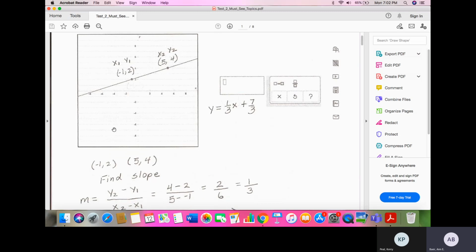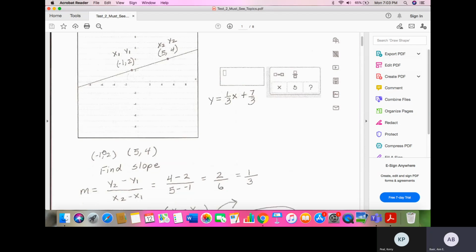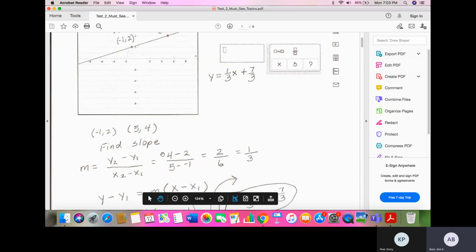First I labeled the ordered pairs. So I just designated this as the first point and labeled the X coordinate as X1, meaning it comes from the first point, and Y1 coming from the first point. And labeled this one as the second point. So the first coordinate is X2, and the second coordinate is Y2. And I just copy those down here.